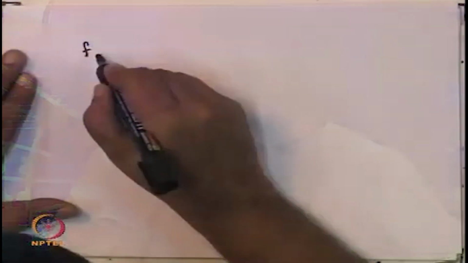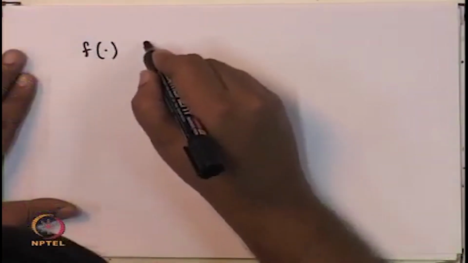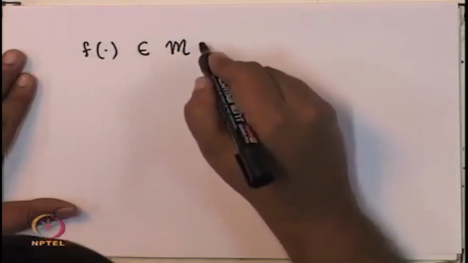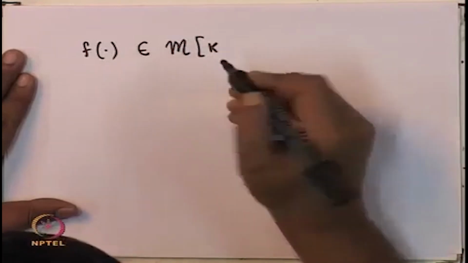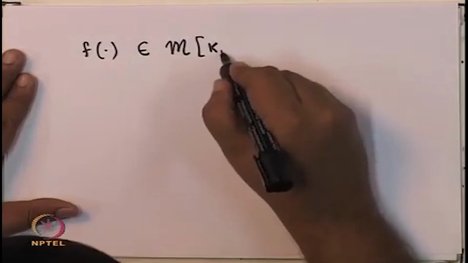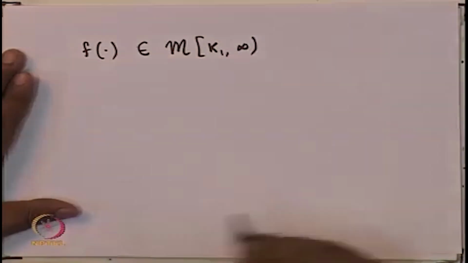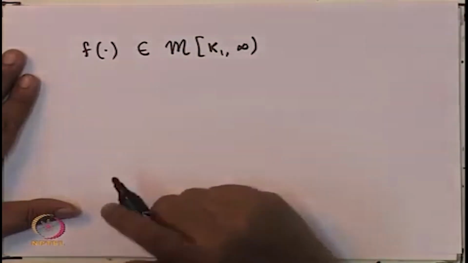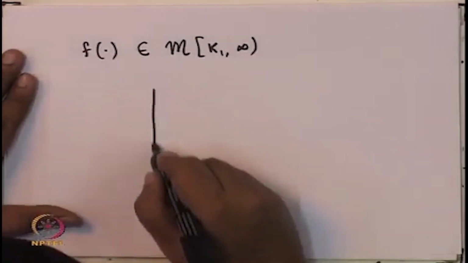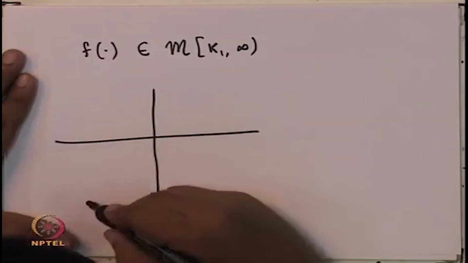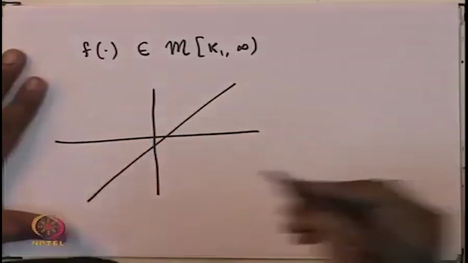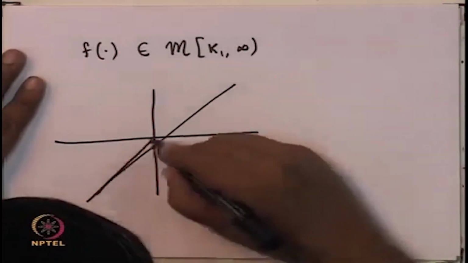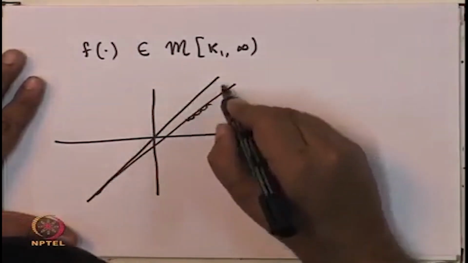So, suppose you have a nonlinearity belonging to the K1 infinity sector. What do we mean by saying that a nonlinearity belongs to the K1 infinity sector? Well, here is this line K1.